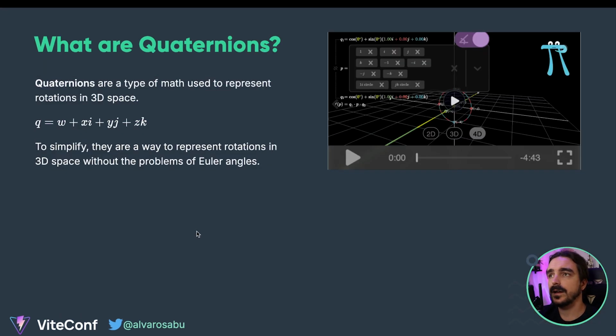And what are quaternions? This is quite complex to explain, so I'm going to try to do it as simple as possible. Quaternions are a type of math that is used mostly to make rotations easy in 3D software, okay, to calculate the rotations, because it doesn't have the same problems as Euler angles. If you want to research about it, feel free to search it because it's a complex topic.